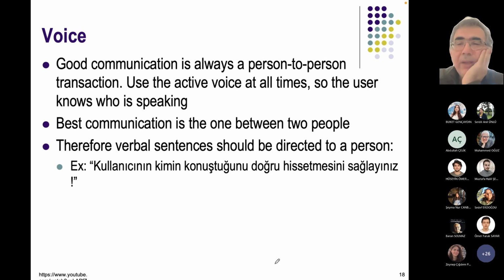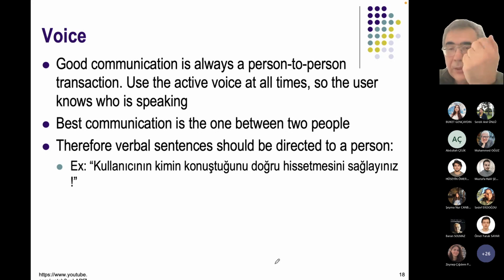Okay. So when we are communicating person to person, using the active voice in the language is good.